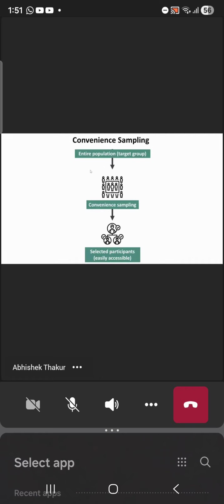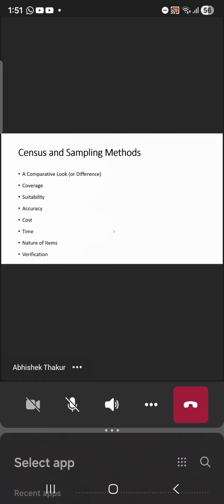There is a whole population, and the researcher selects items from it based on convenience. So selected participants are easily accessible from the whole population. These are the different methods of sampling.